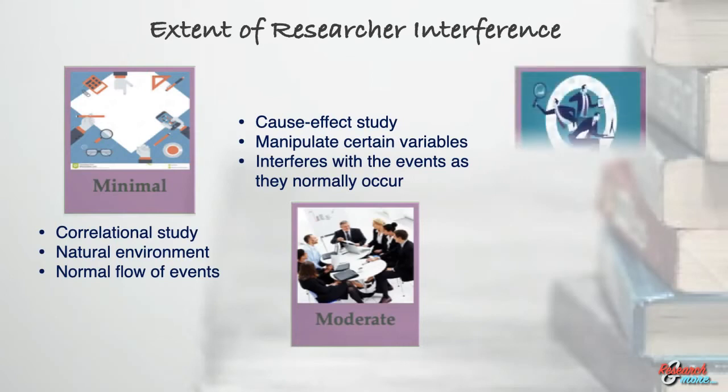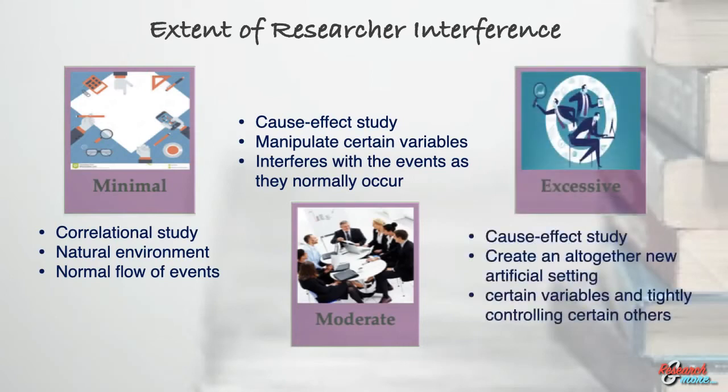In other cases, the researcher might even want to create an altogether new artificial setting where the cause and effect relationships can be studied by manipulating certain variables and tightly controlling certain others, as in a laboratory.